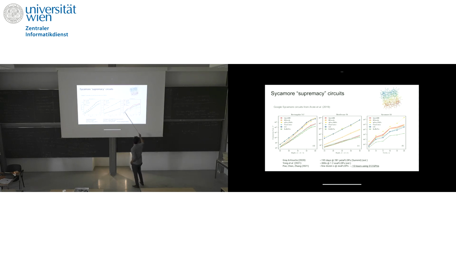And so here are the different methods. Apart from, I think, this Q-flex, everything else is a tensor network approach. But this Q-flex thing is close to Google's estimate for how long this contraction takes. And the rest are our methods.